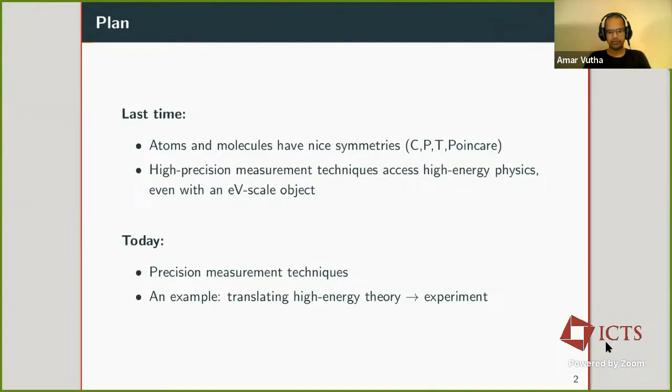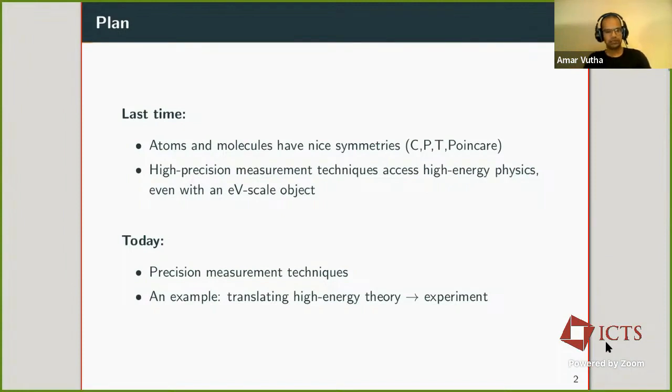And so today, what we'll do is build up some of the details of how precision measurement techniques work. People spend their entire lives working on this kind of thing, so obviously I won't be able to do full justice to it in 1 hour, but I'll try to give you my sense for at least some kind of underlying framework that you can use, and hopefully see many echoes of this same kind of thing when you listen to other lectures in the series or later in the workshop.